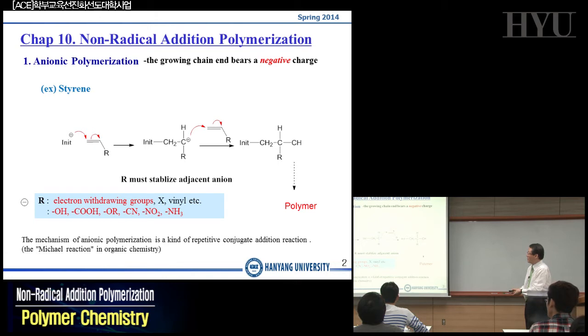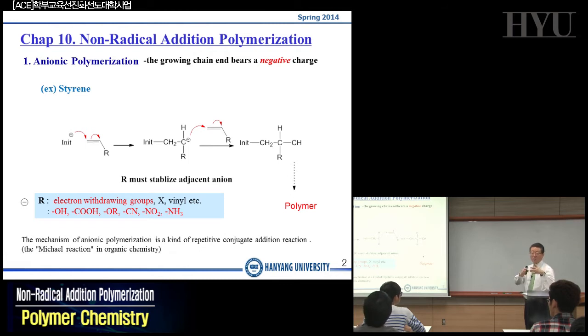Okay? So this is very similar to the Michael reaction in your organic chemistry. Okay, the Michael reaction, I think if you have looked at the McMurry book in chapter 16, you can take a look at the Michael addition reactions, and this is very similar to the vinyl addition.